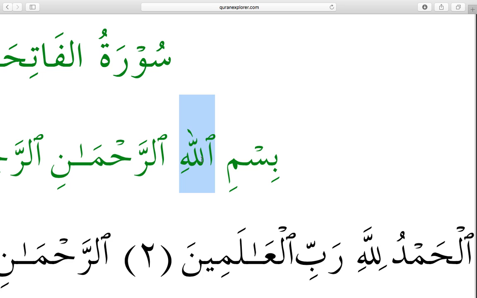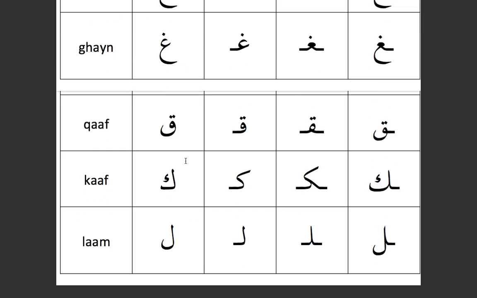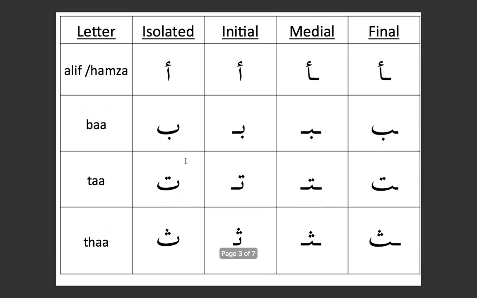This is Lafz al-Jalala. And this consists of the Alif, which is in its isolated form, the Lam in its initial form, the Lam in its medial form, and the Ha in its final form. So I will show you all four letters next. This is the Alif / Hamza in its isolated form.